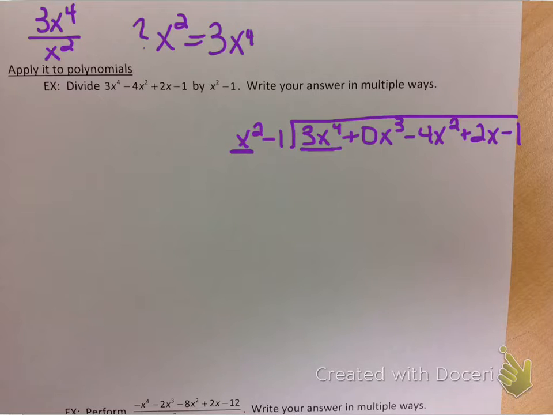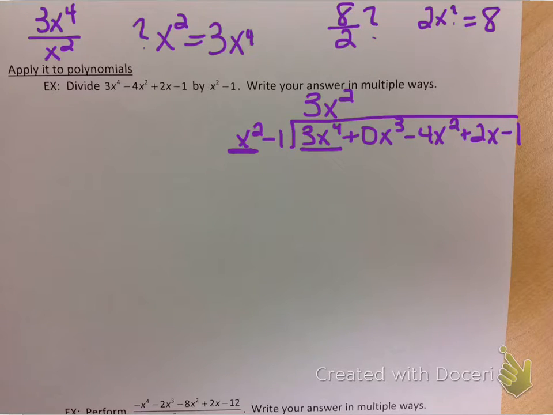It's really similar to, instead of saying, what is 8 divided by 2, you could just ask yourself, 2 times what is 8? It's the same thing. It's just rephrasing the question. So what you would have to multiply x squared by to make it become 3x to the 4th is 3x squared. So that's the first step, the division step.